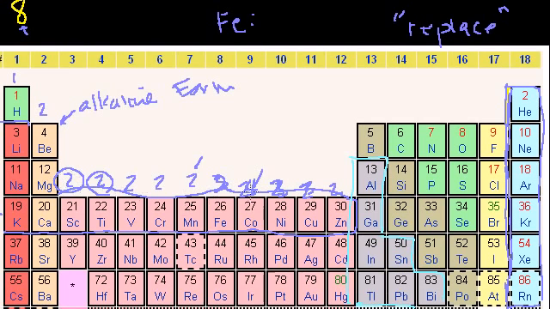Not only do they have these extra, but they filled their d subshell that they can kind of share, especially when they're in elemental form. And when I say elemental form, it means that you just have a big block of aluminum. Aluminum hasn't reacted with anything like oxygen. It's just a bunch of aluminum. Right?